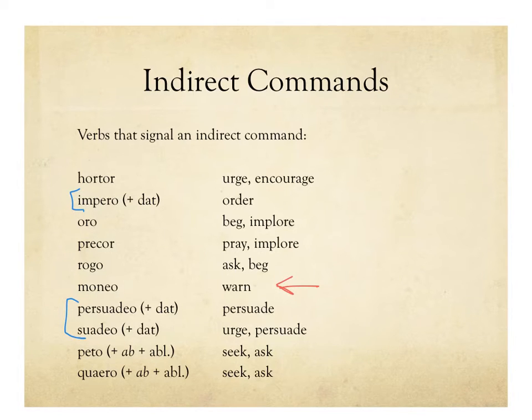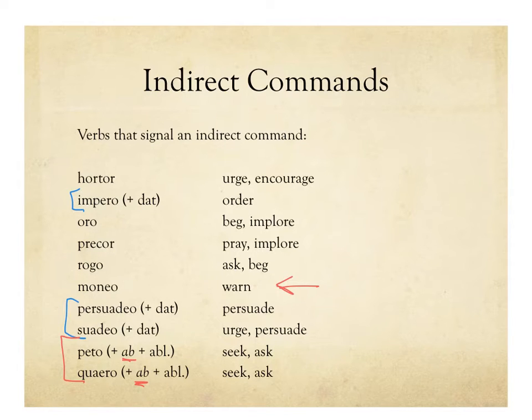And these final two verbs, peto and quaero, which really mean to seek or to ask, you seek things from people or you ask from people. Peto and quaero take an ablative after ab. So this is instead of an accusative. So you want to memorize those, but the rest of these verbs just take an accusative.